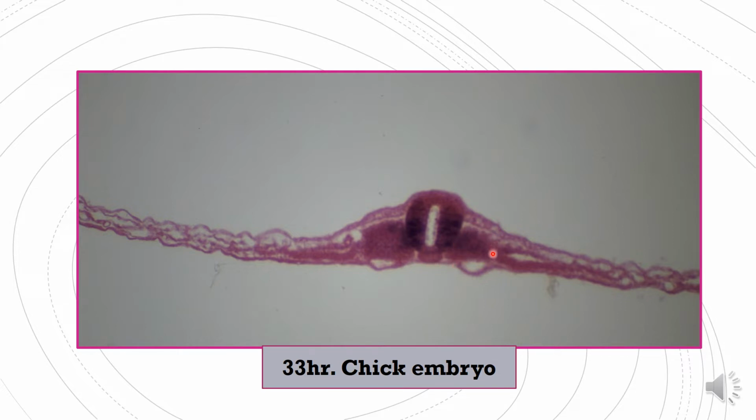In these sections you can see the paraxial mesoderm more compact and more differentiated, forming the somite. The somite contains a central cavity, which is called the somatocele.